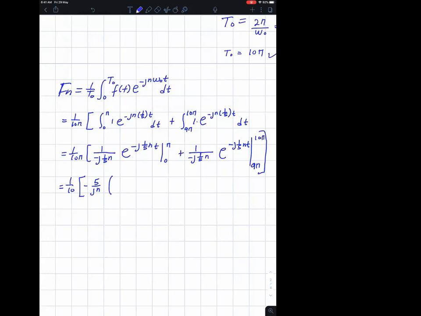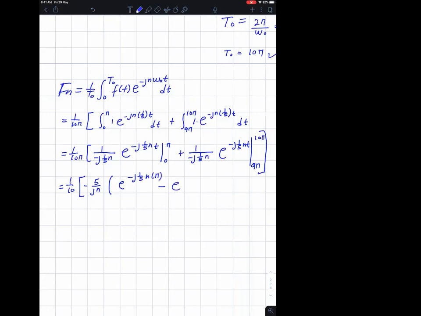And then next inside here, you're going to substitute minus j 1 over 5 n, and then you're going to substitute the pi here, upper limit, subtract the lower limit.